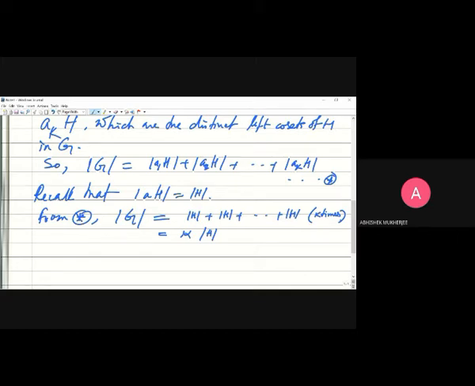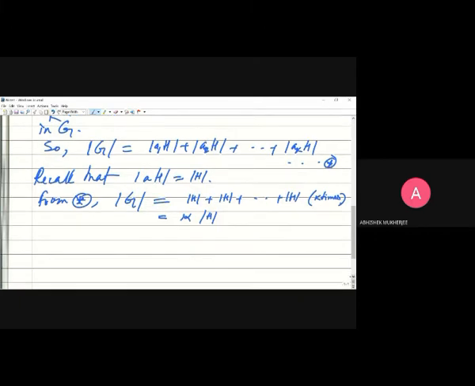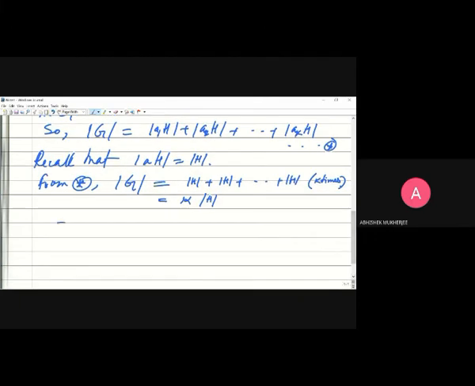and this equation indicates that the order of H divides the order of G, right?